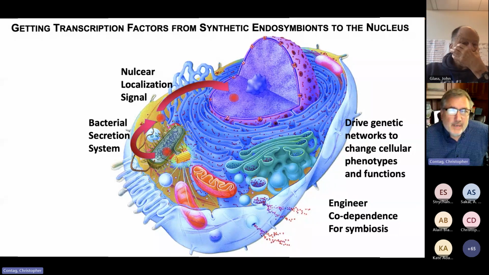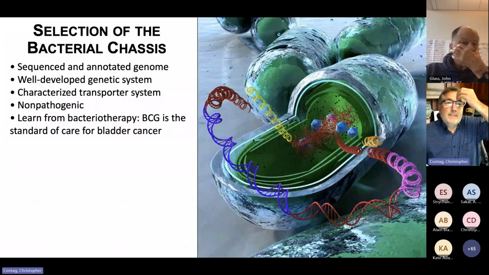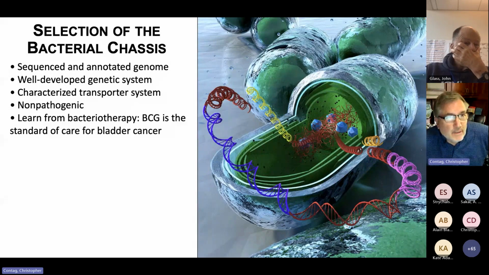When we were thinking about chassis organisms to begin these studies, we wanted a well annotated sequenced genome that had a well-developed genetic system and a characterized transporter that would get the proteins out of the bacterium into the cytoplasm. We wanted something non-pathogenic, and we could learn a lot from bacterial therapy.